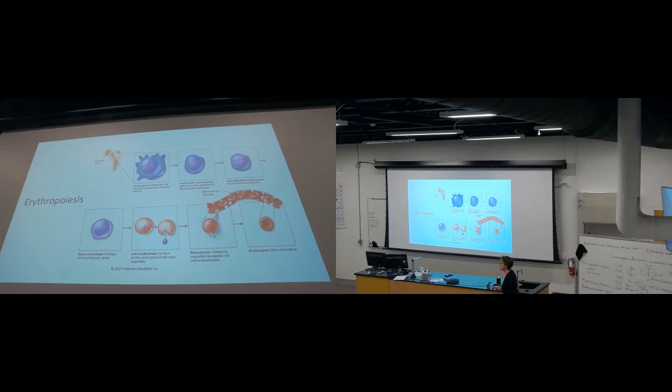So, erythropoiesis. Erythropoiesis is the process of making red blood cells, specifically. It happens in the bone marrow, in the red bone marrow. Yellow marrow stores only fat, but red marrow produces red blood cells. Young animals, young persons have their bone marrow with a lot of stem cells that produce blood.